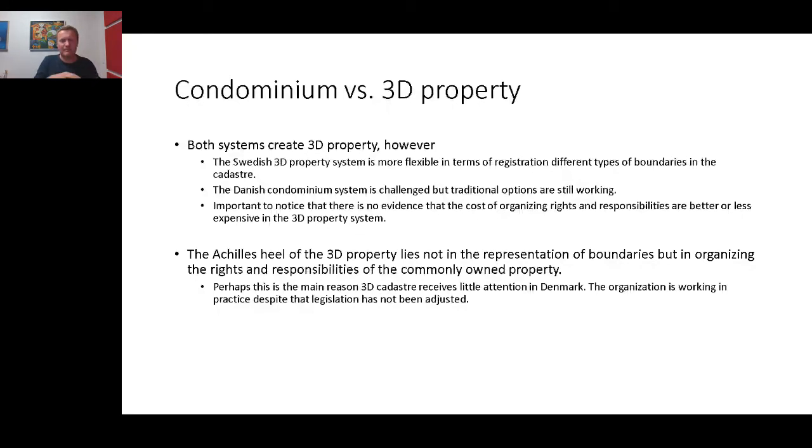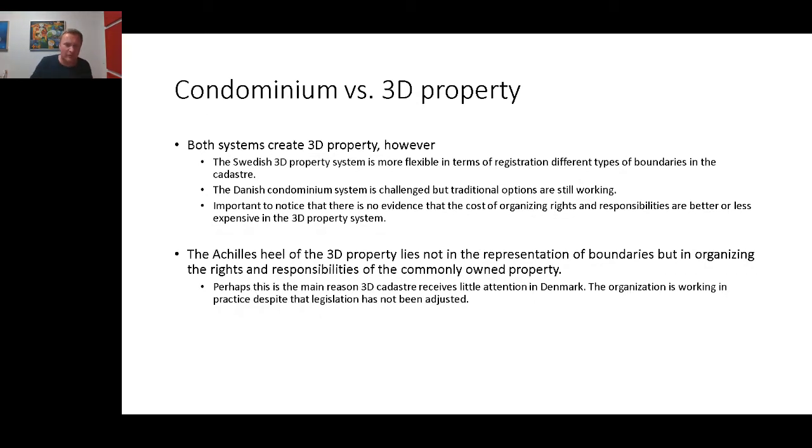And because this is working in practice in Denmark, that might be the reason that no steps have been made towards a more modern 3D cadastre like the one we see in Sweden. So as long as there's legal security and everyone is satisfied, nothing seems to happen in order to move towards a more modern 3D cadastre.